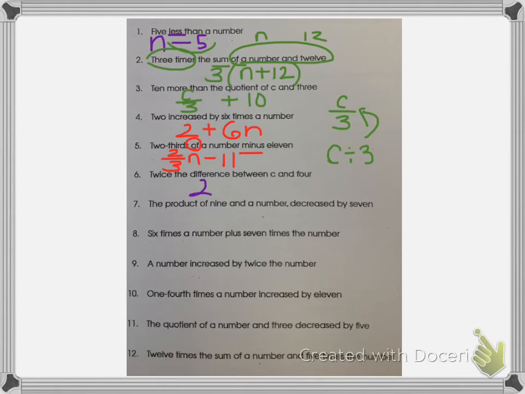Okay, twice, and then parentheses. I'll make them big because we have to put more than one thing in there. The difference means subtraction. I'm subtracting something. Twice the difference between C and 4. So on this side C, and on that side 4.